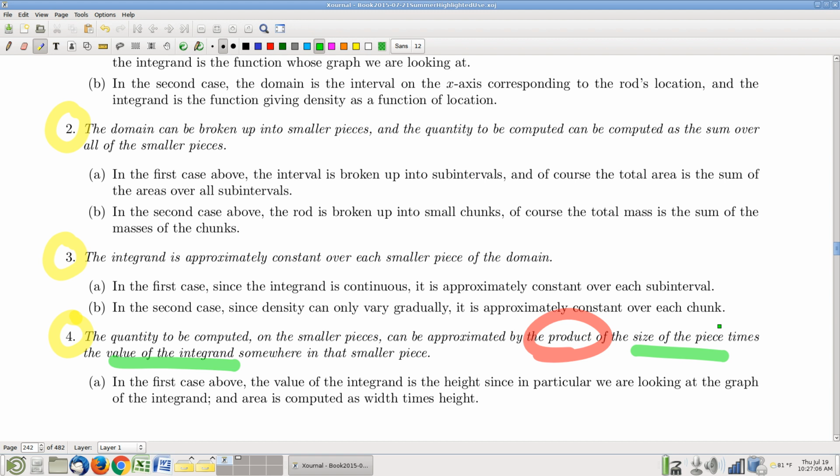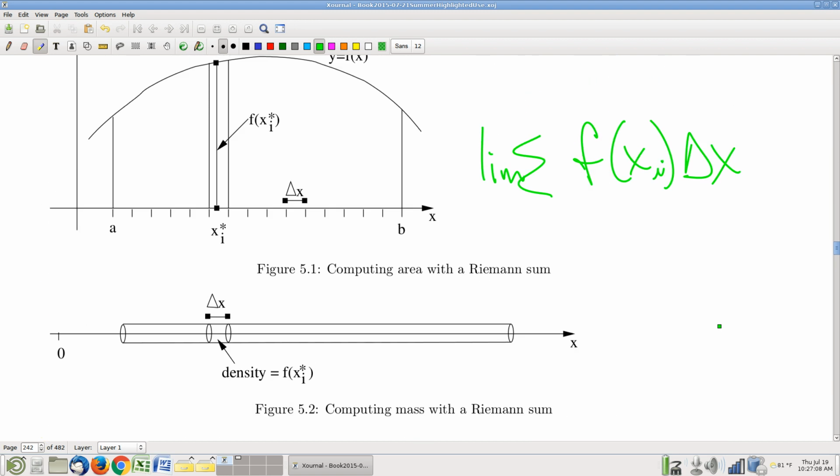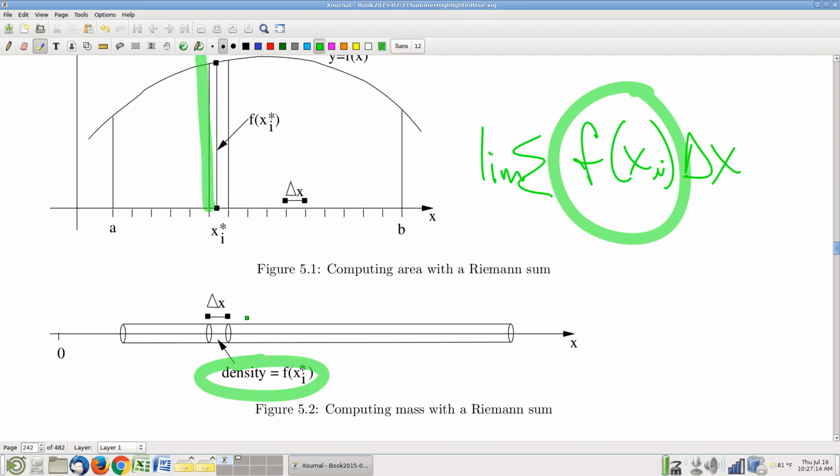And notice that happened in both of these applications. It was the value of some integrand, maybe height, maybe density, whatever, times the size of the piece, so the width of that little piece of the domain, the length of that little piece of rod. Okay, so that's what all these applications have in common.